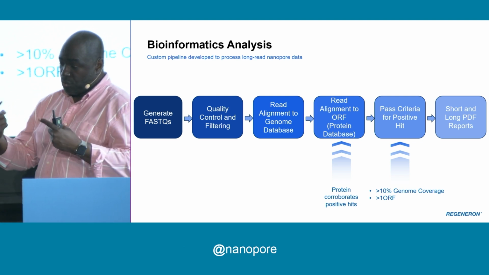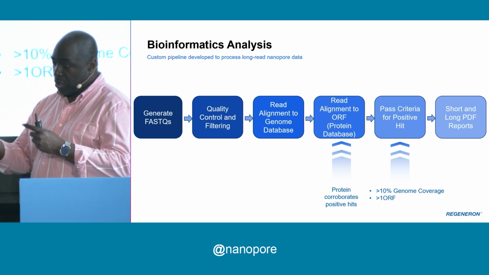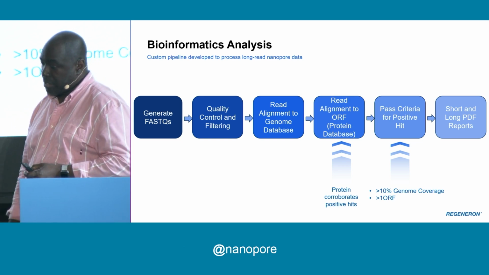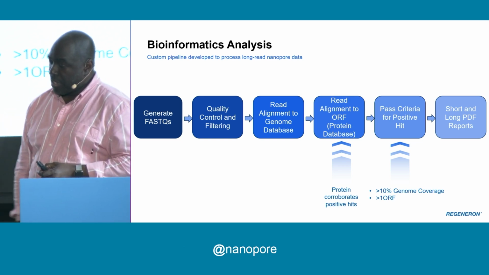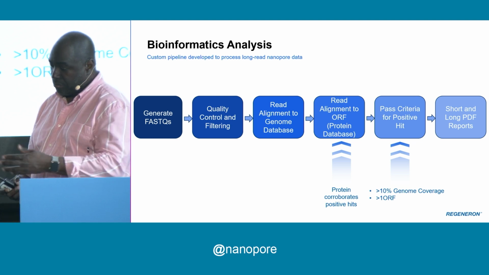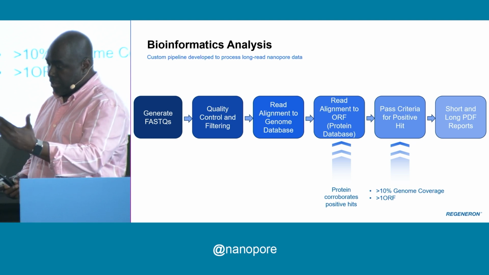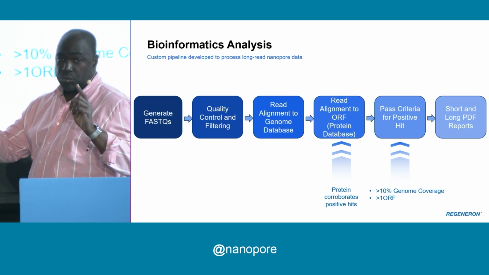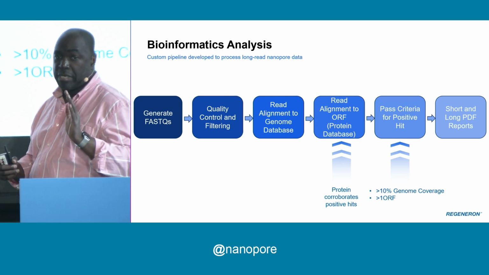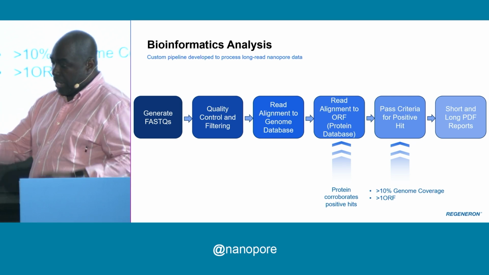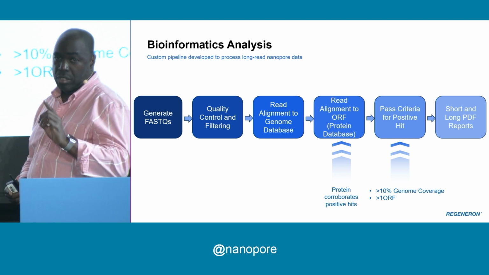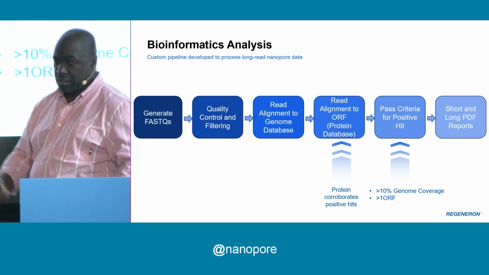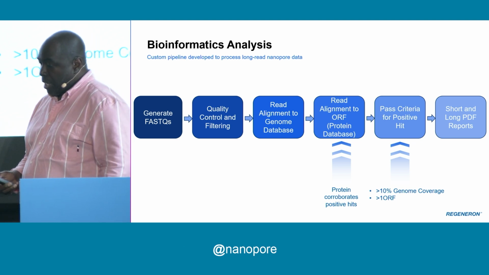When those two align, we know we have a real hit. We defined criteria to accept a positive read: the genome coverage we require minimum has to be 10%, and then at least one ORF in the sequence that we analyze.